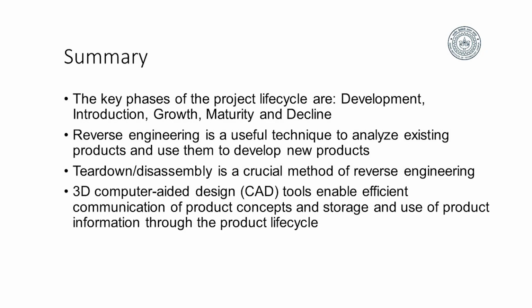It helps you analyze what products exist in the market and use them to develop new products. A crucial method in reverse engineering is teardown or disassembly. And 3D CAD tools enable efficient communication of product concepts and storage and use of product information through the product life cycle.